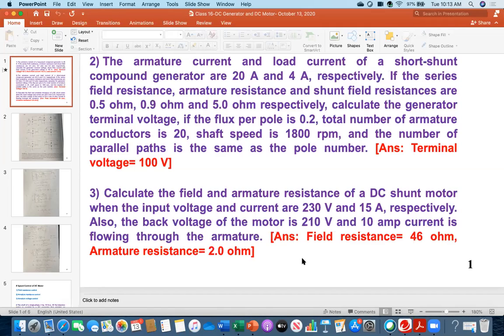Got it. So both are correct? Yes, I got them both. Yeah, okay, great.